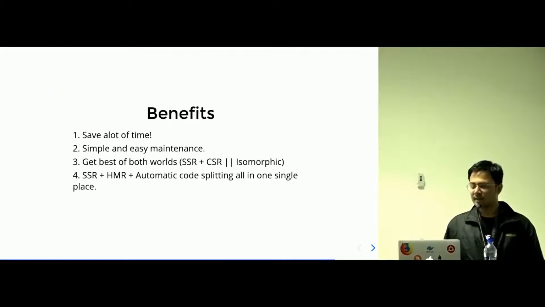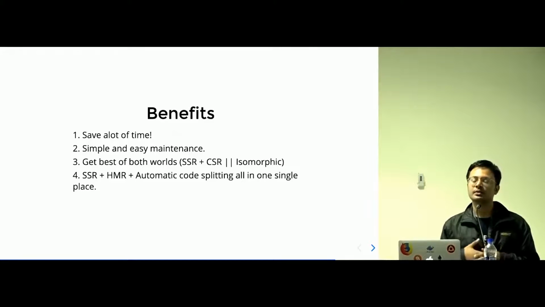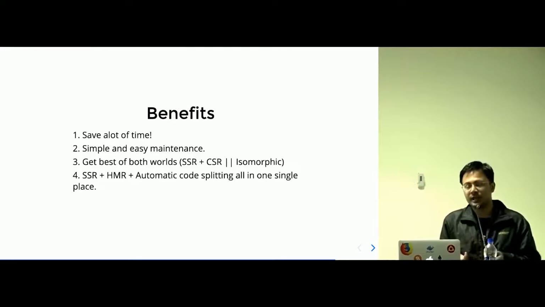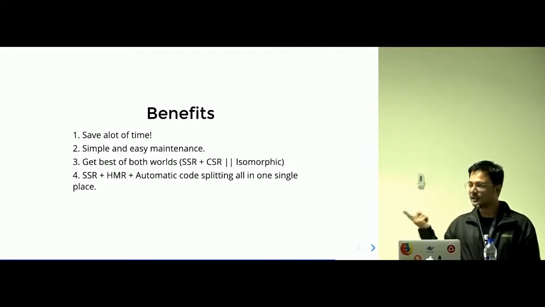So benefits: it saves a lot of time and it's easy to maintain. You can jump to writing your main application logic faster, and you don't need to spend a lot of time configuring. The code is quite easy.